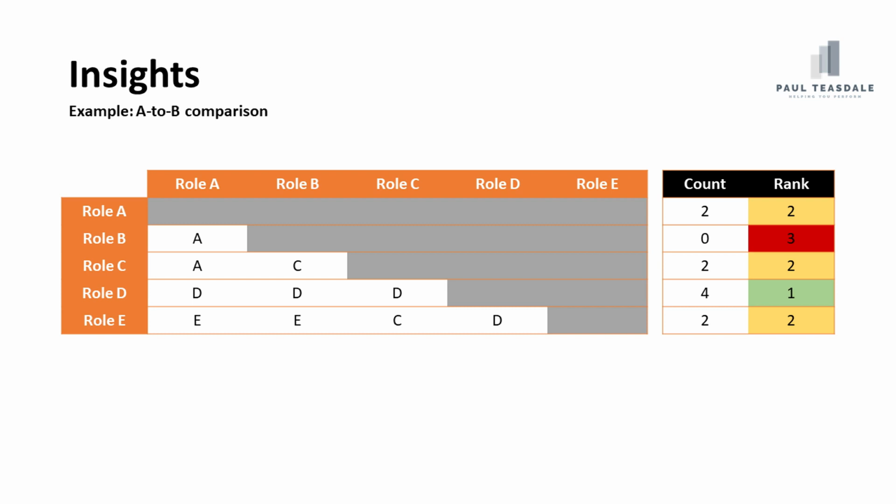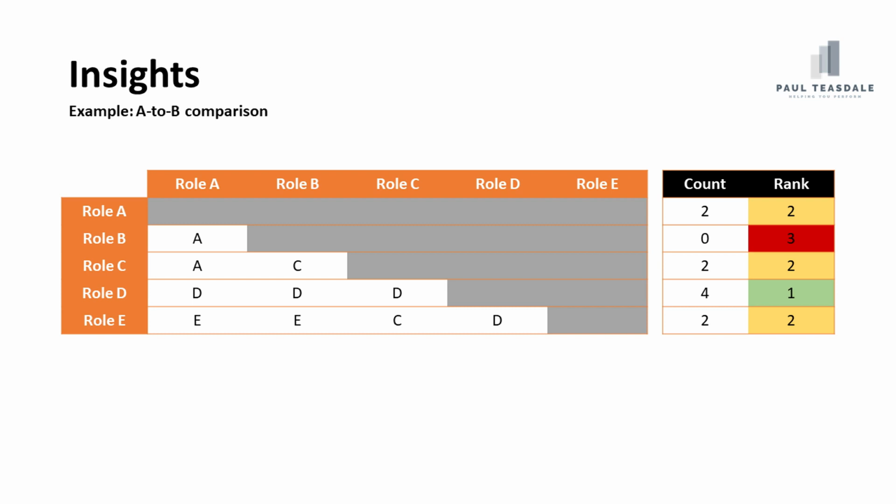What are the priority ones that I need to really push for and the ones that I really want? And one way of doing that is a simple, what we call A to B testing. So if I compare role B to role A, which one would I prefer? And in this case, I'm saying role A. When I compare role C to role A, again, I would choose role A. But when I'm comparing role C to role B, I would choose role C.